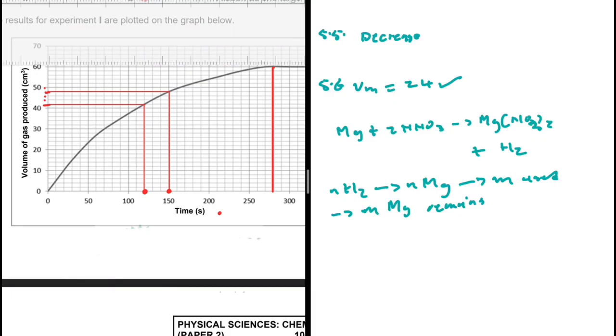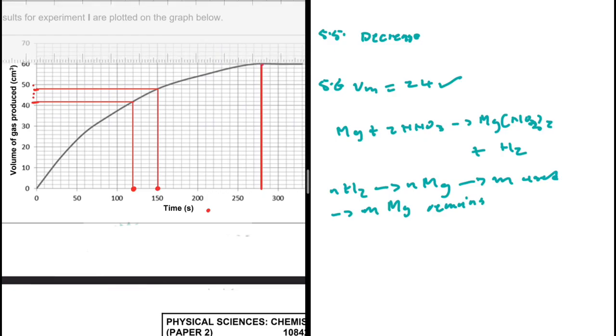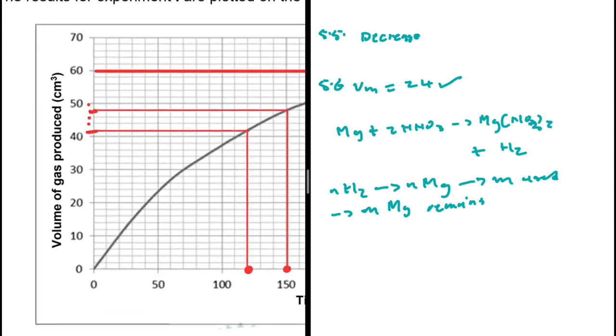You've never seen it before, but you have all these skills that you learned, which you need to apply. Okay, so let us see what happens here. Let me join these two lines so that we can read off the value. I think it will be easy to see here that the volume of gas produced is 60 centimeter cube.